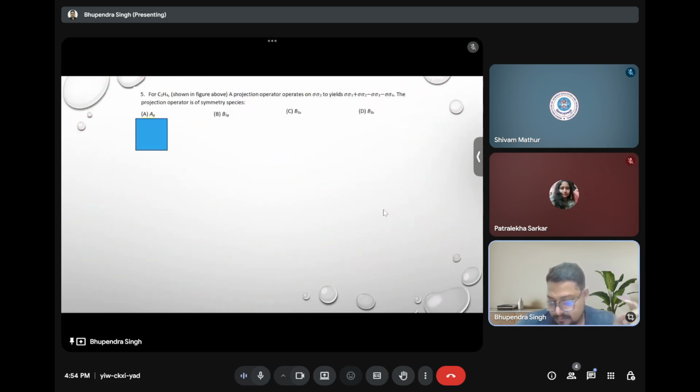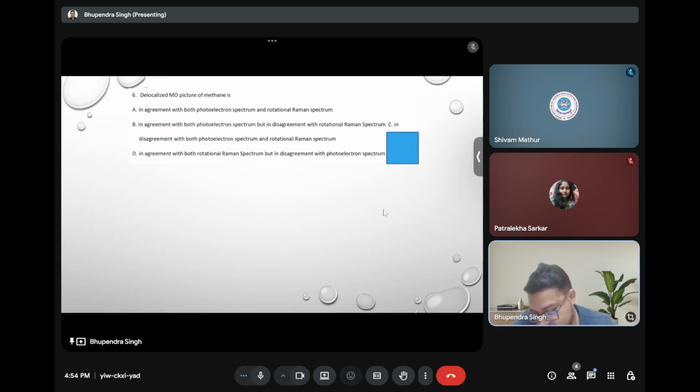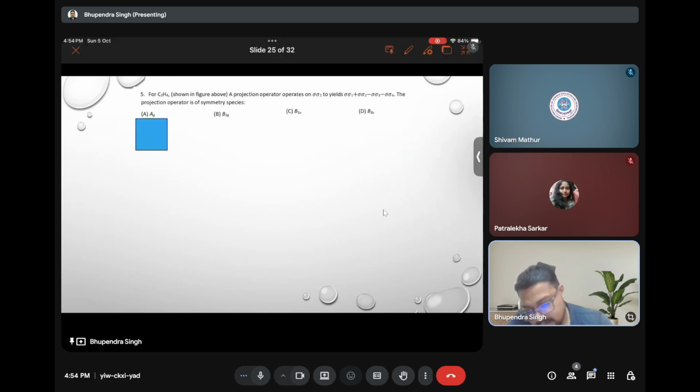Okay, moving to question number 5. For C2H4, shown in the figure above. I don't see any figure anyway. So this will be CH2 double bond CH2. So this is ethene, right?